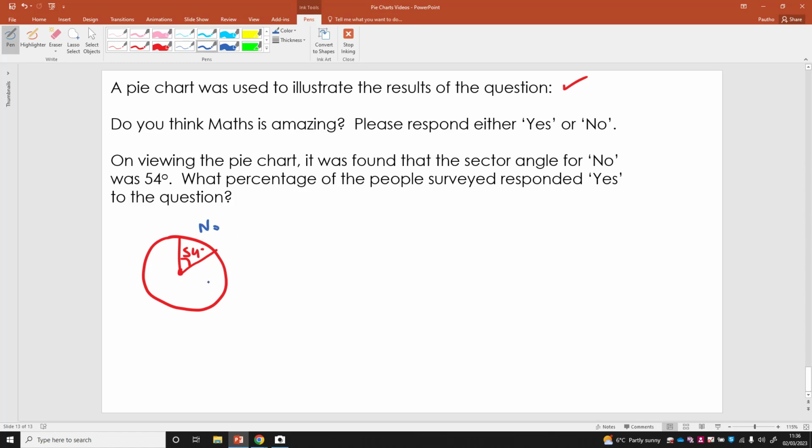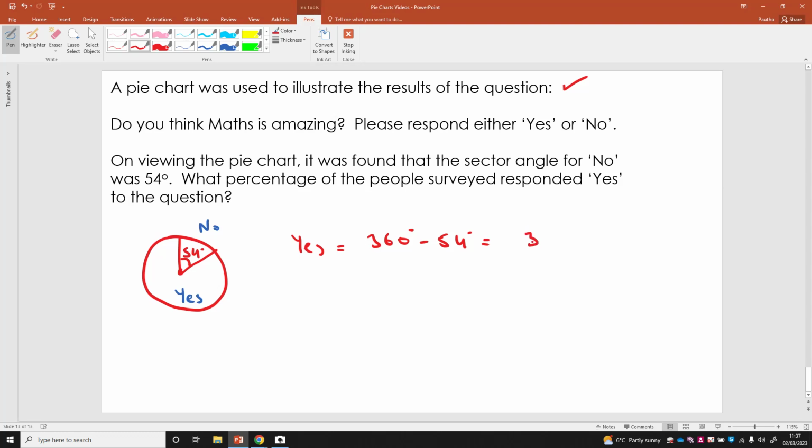And the rest of the pie chart is going to be the yes vote, because it was a yes or no question. And you could definitely work out the angle for the yes sector just by doing 360 take away 54 degrees, because angles in a full turn around a point, whatever you want to call it, have to sum to 360 degrees.